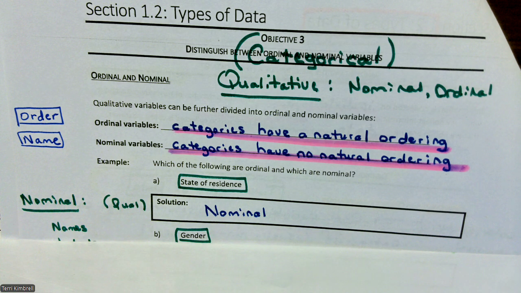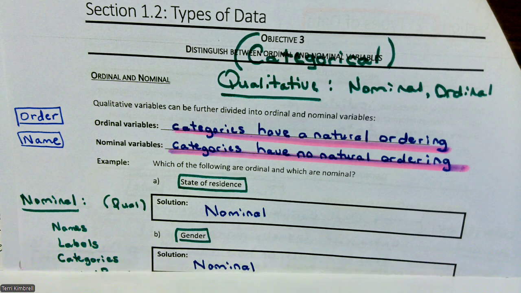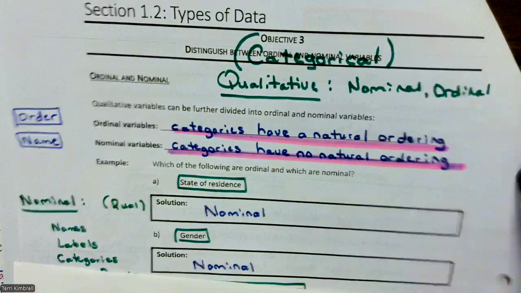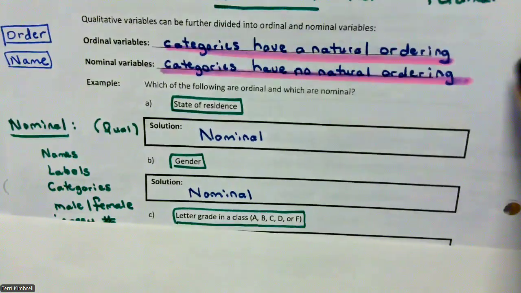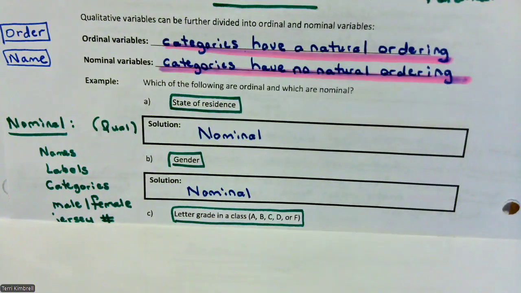You can't say that one gender is better than the other. You're not going to order those in a specific order. So gender would also be nominal. The letter grade in a class. Those can be ordered A, B, C, D, or F. So ordinal is order.